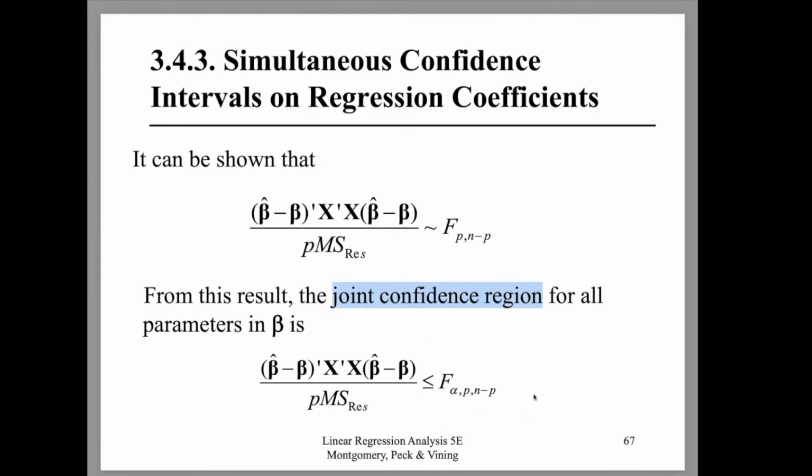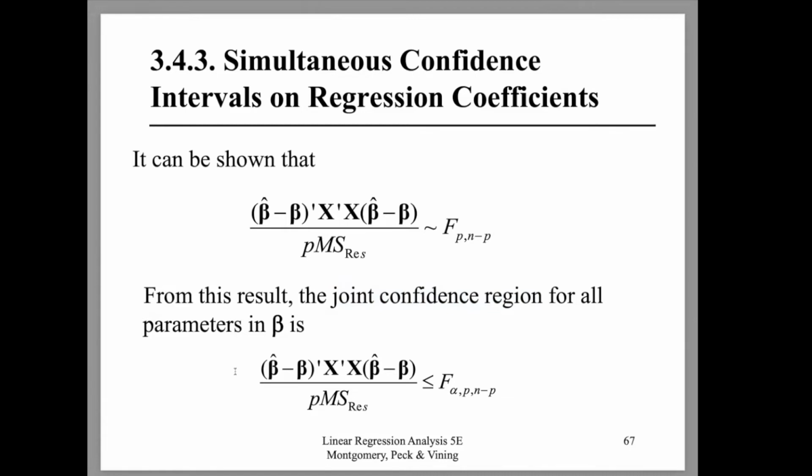So this is very useful regardless. But if we wanted to see what this looks like graphically, we can only really graph this if we've got 1 or 2 explanatory variables. If we've got 1 explanatory variable, then the points on the boundary of this region form an ellipse.